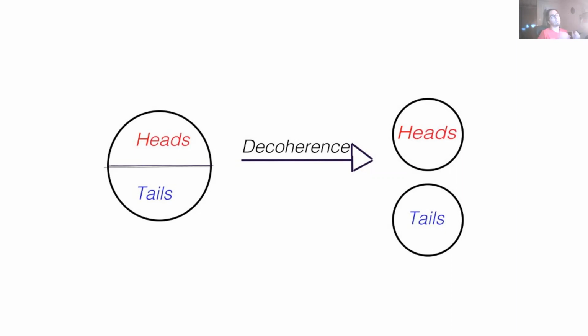So when decoherence appears in the system, which can be any kind of noise, any kind of perturbation, since our qubit is quite delicate, then I can no longer use the quantum nature of this information, and I have heads and tails as 2 distinct systems, just like the classical bit. So there will be no meaning in the usage of quantum bits when you have decoherence, when you have too much noise, too much perturbation in the environment.